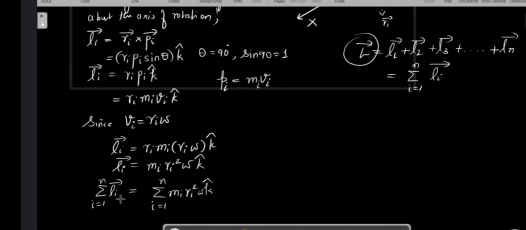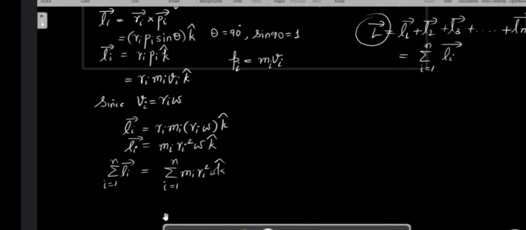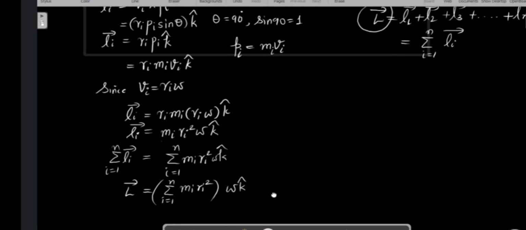So the summation of all the angular momenta is going to give me the total angular momentum of the rigid body, which will be equal to summation i equals 1 to n of Mi Ri square. Now omega is the same for all the elements, right? So omega I will keep outside, k cap also I will keep outside.